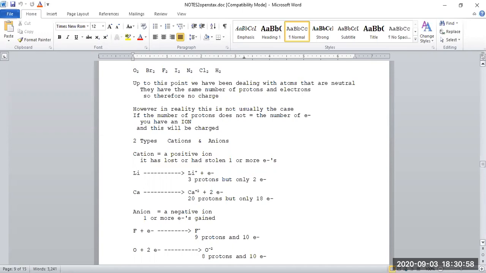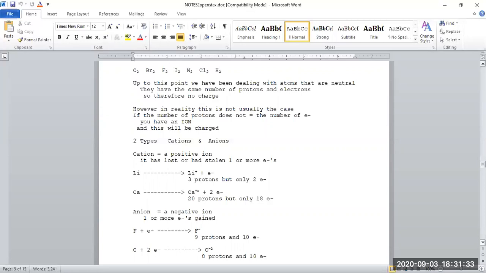But if I steal those 2 electrons away, pull them away from my atom, send them somewhere else, I still have 18 left on the electron end of things, but I've still got 20 protons because that's actually what makes it calcium. My 2 little positives that used to be covered up now are unveiled. So I have a +2 cation created by my calcium ion.